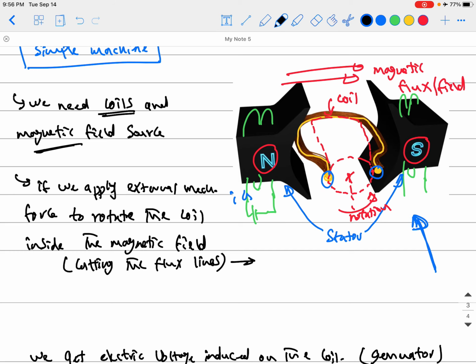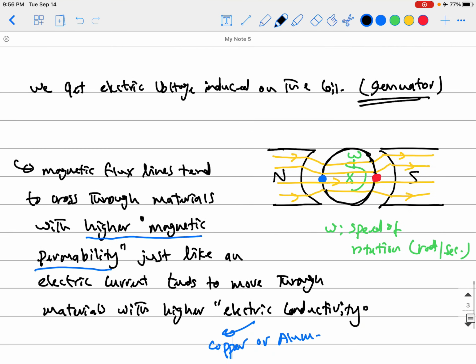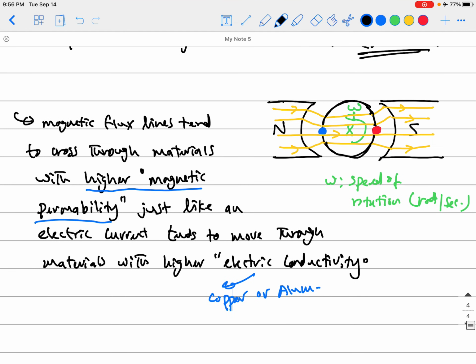Yeah, we can do this, but if we have a cylinder from a material that has high magnetic permeability, like iron and steel, which are the materials we are always building our machines from, the magnetic flux lines will tend to move more through them rather than through the air. So this will give you a uniform shape of flux lines, just like you see here.